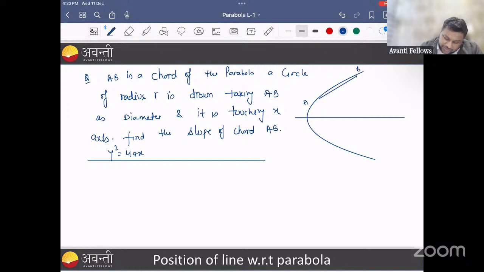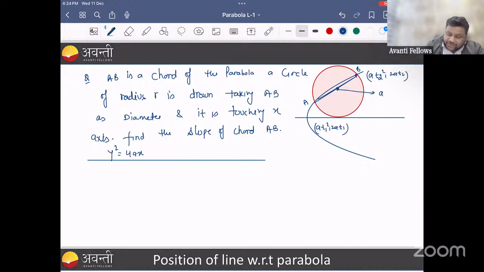Now a circle is drawn keeping this chord as diameter. It is not a focal chord, so don't take t2 as 1 by t1. If A is (at1 square, 2at1) and B is (at2 square, 2at2), what will be the coordinates of the center?